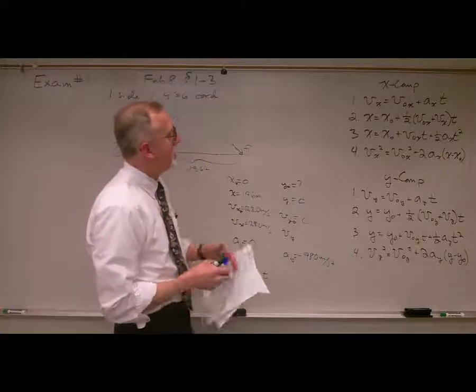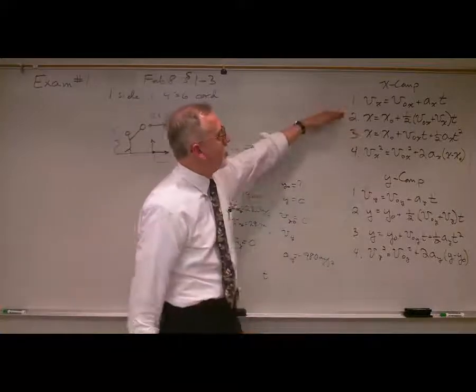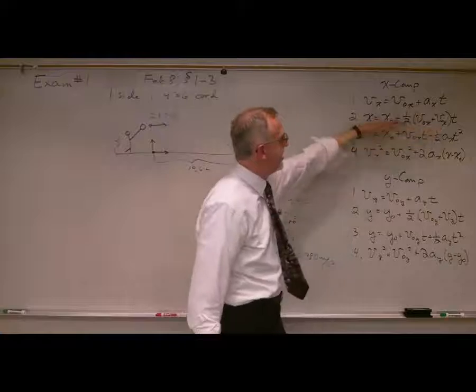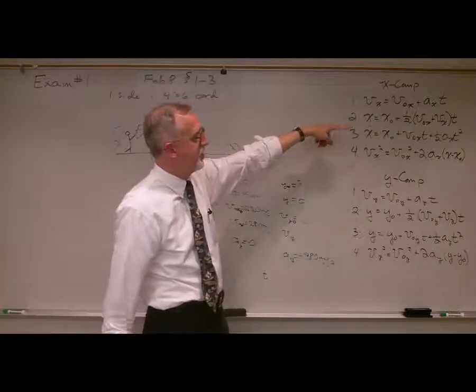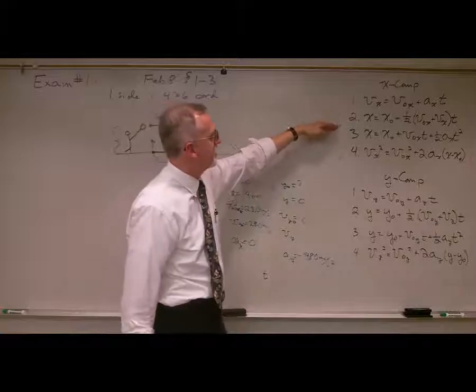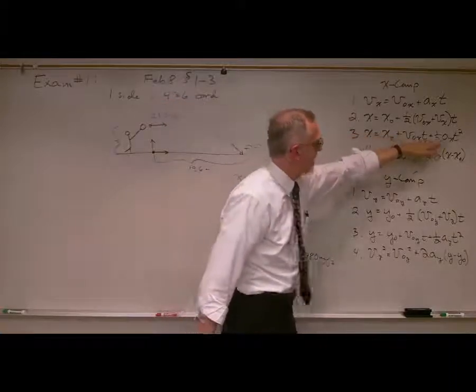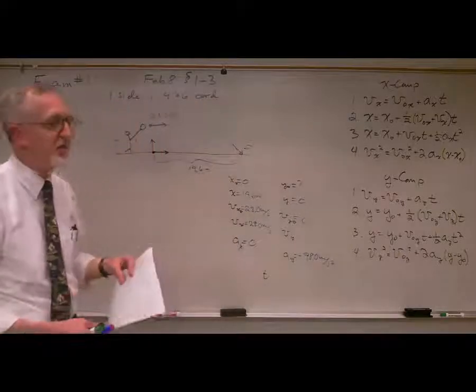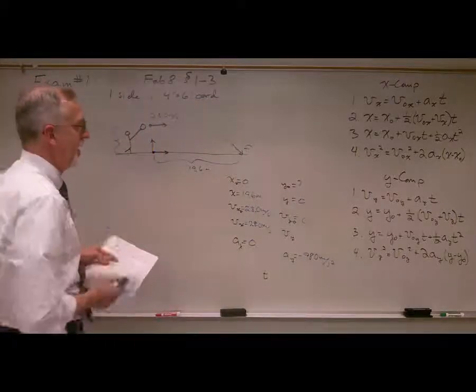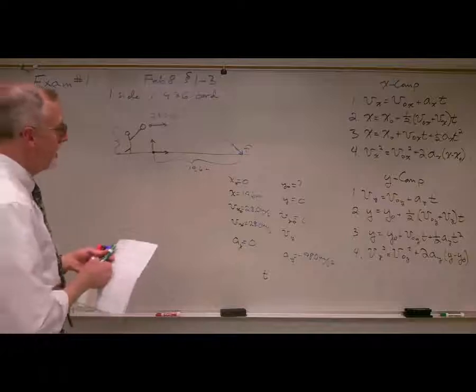What about the second one? Well, we know everything now that we know Vx. We do know everything in there except for t. We could use that, but we'd have to use the value for Vx. That's possible. Number 3, we could do that. Number 4, it doesn't have a t in it. So let's use the third equation. We'll solve that for t and then solve for y naught.